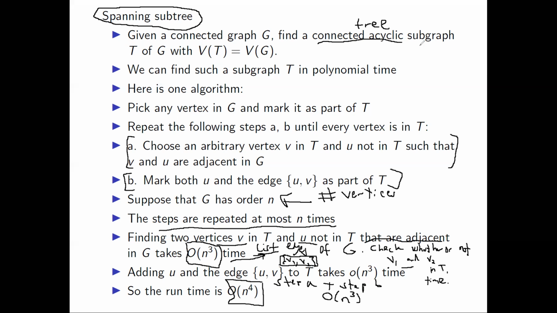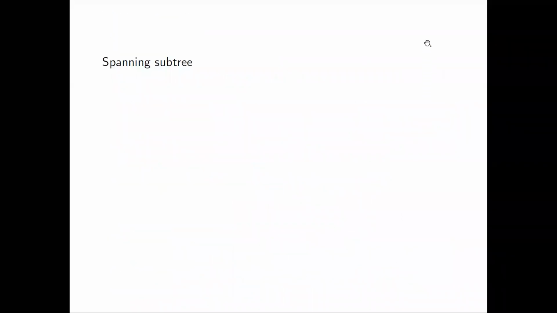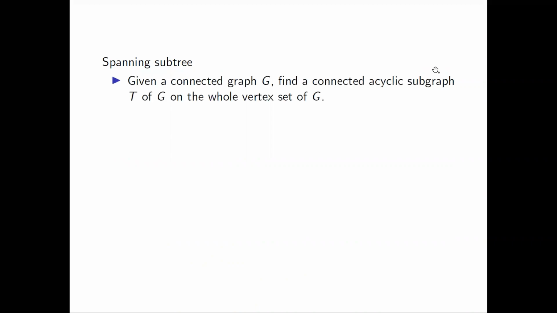So let's look at another problem. And I lied, it's the same problem, but I mentioned another algorithm. So spanning subtree again. We're just trying to find that spanning subtree for our graph G. And I said before that we would look at two algorithms for it.